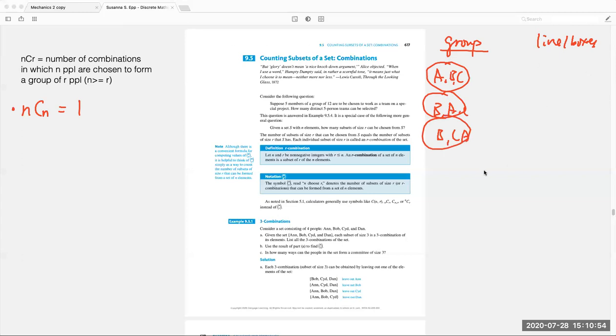That means that the order does not matter in a group. So if in your group they have A, B, C, it doesn't matter the order. But if they are queuing up in a line or they are put into different boxes, the ordering matters.